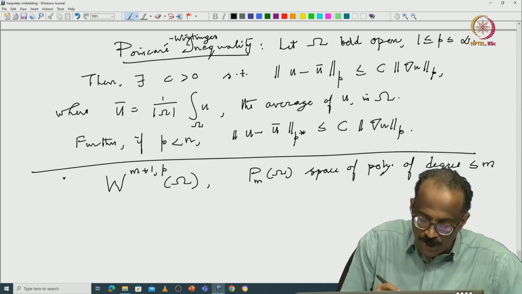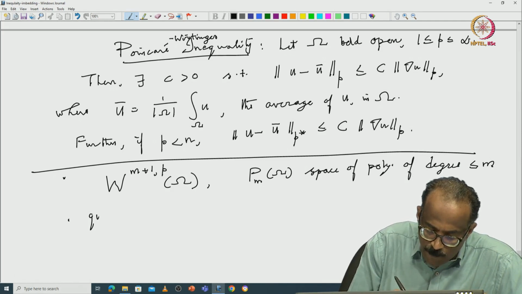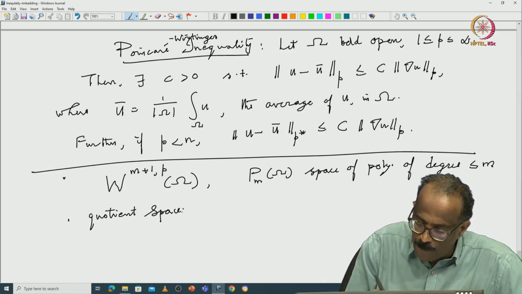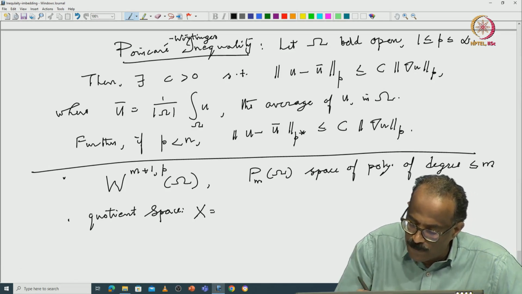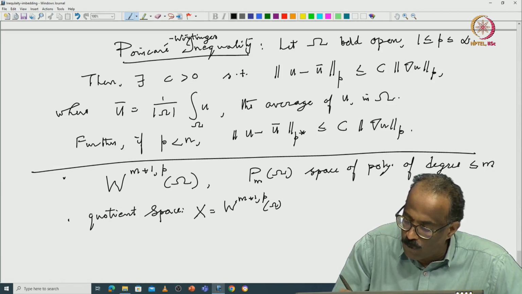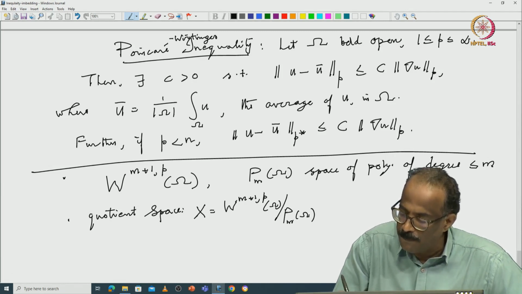So, what we are going to see is the quotient space X equal to W^{m+1,p} quotiented out by all polynomials of degree less than or equal to m on omega.